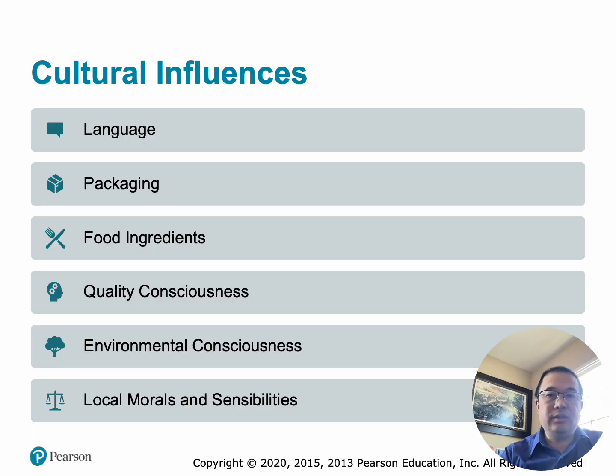This explains that culture is one of the most important factors affecting international marketing decisions. Even when legal requirements are the same, cultural differences may require companies to adapt their products, packaging, and marketing strategies. Number 1, language. Language affects product names, advertising messages, labels and instructions, and brand slogans.